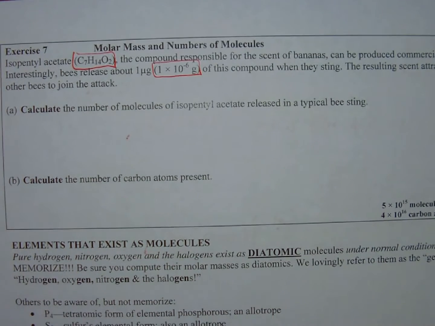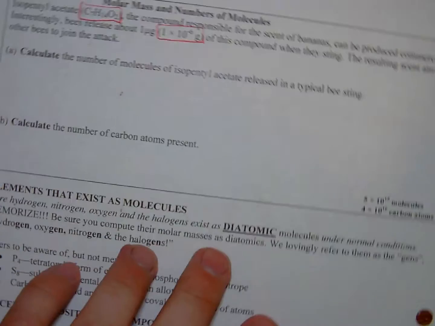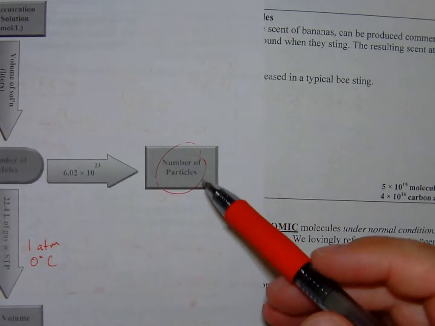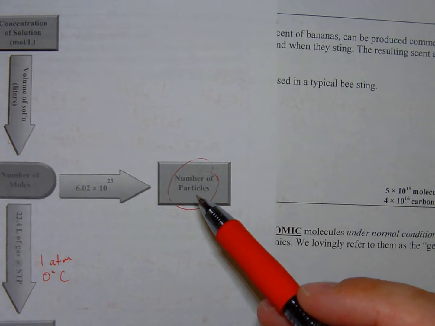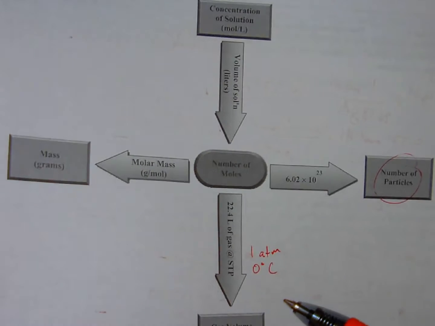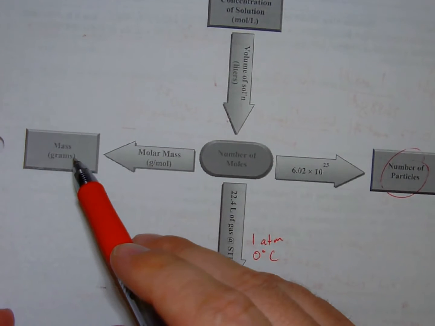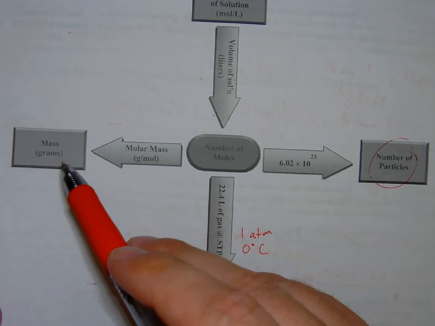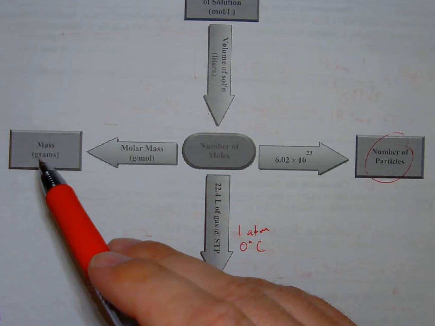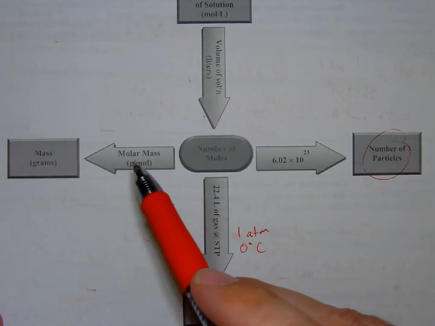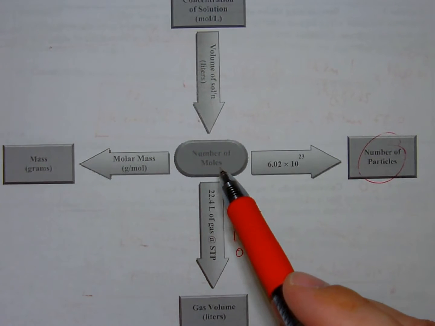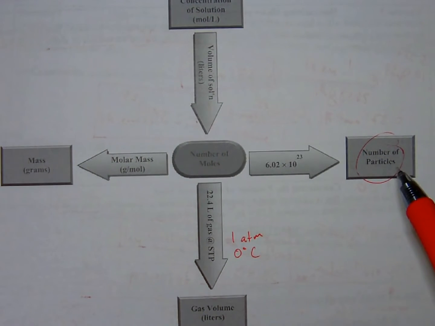So let's get our flow chart here. We need to go to number of particles, right? That's where we need to go. But what we've been given is a mass. Notice that according to this flow chart, we cannot go directly from mass to number of particles. We have to go through number of moles first, then we can go to the number of particles.